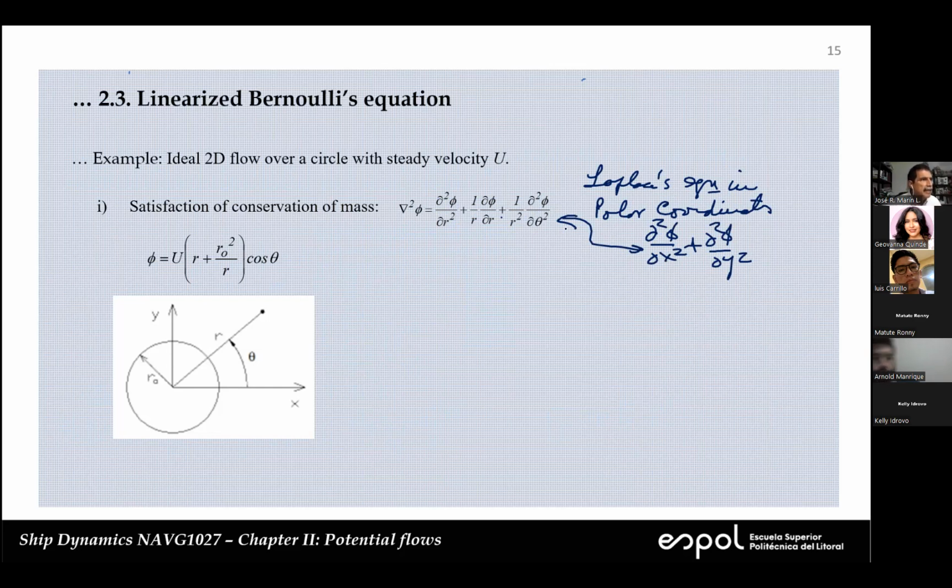Manrique, Carrillo, Hidrobo, and Matute, you differentiate twice with respect to r. The rest will differentiate twice with respect to theta, and I want the results. Enrique, Carrillo, Hidrobo, Matute, and Freire, you differentiate with respect to r twice, and the rest you differentiate with respect to theta twice.